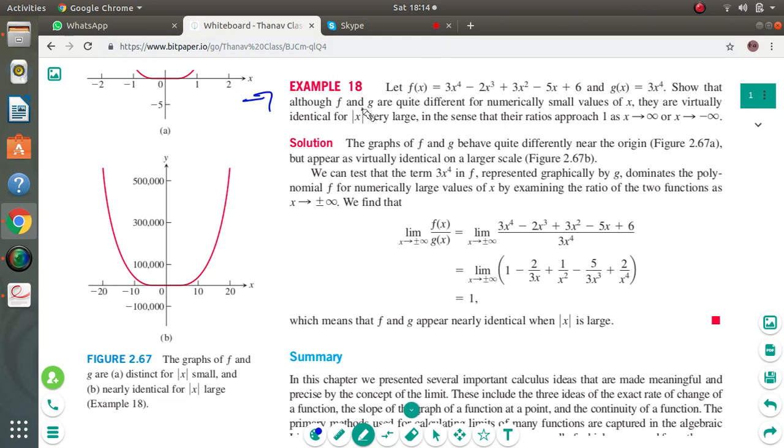Show that although f and g are quite different for numerically small values of x, they are virtually identical for modulus of x very large, in the sense that the ratio approaches 1 as x tends to infinity or x tends to minus infinity.